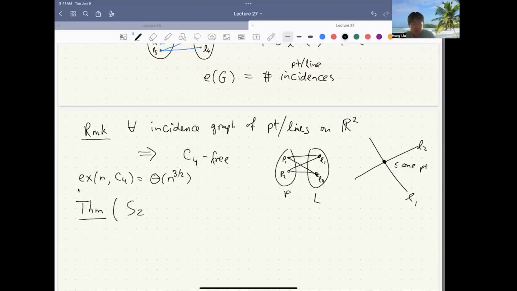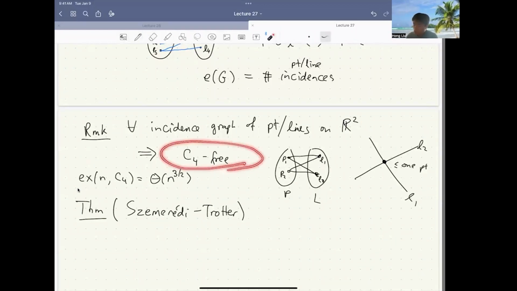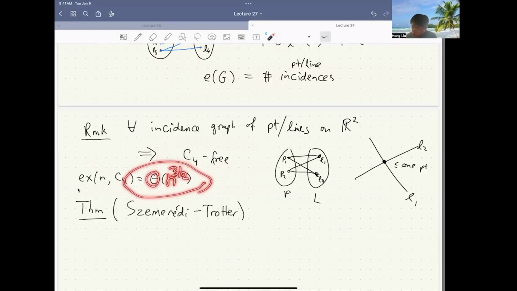We have this construction from the projective plane, realizing this n to the 3/2 upper bound. So the famous Szemerédi–Trotter theorem is saying that although the graph is C4 free, in general we have a big O of n to the 3/2 upper bound.